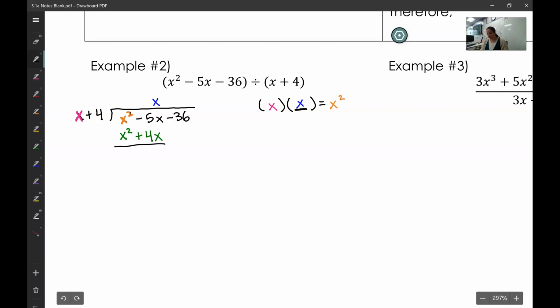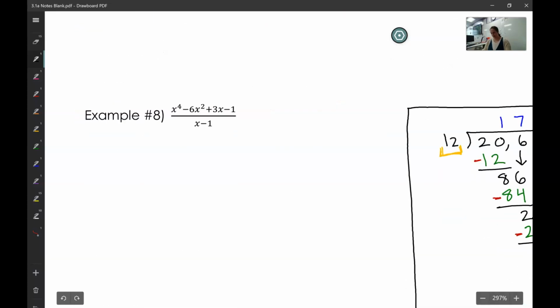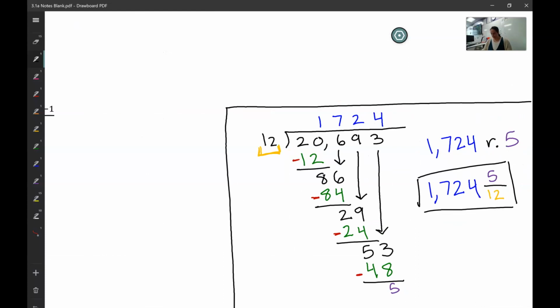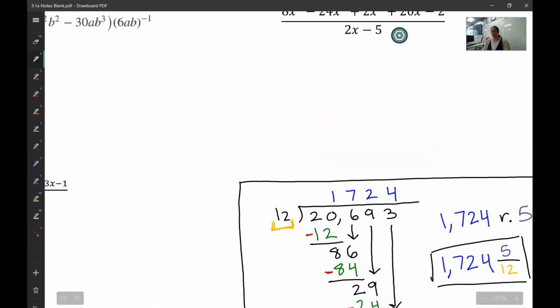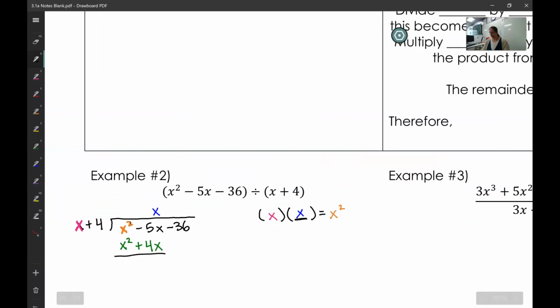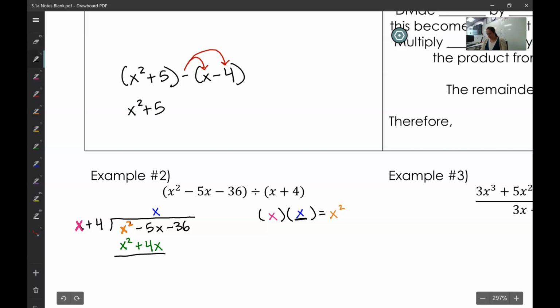Now, just like we did down here, the next step is subtracting. But once again, with equations, subtracting is going to be a little different. So if you remember, when you got problems like this last chapter, the first step was that you needed to distribute the negative, so that it was x squared plus 5 minus x plus 4.